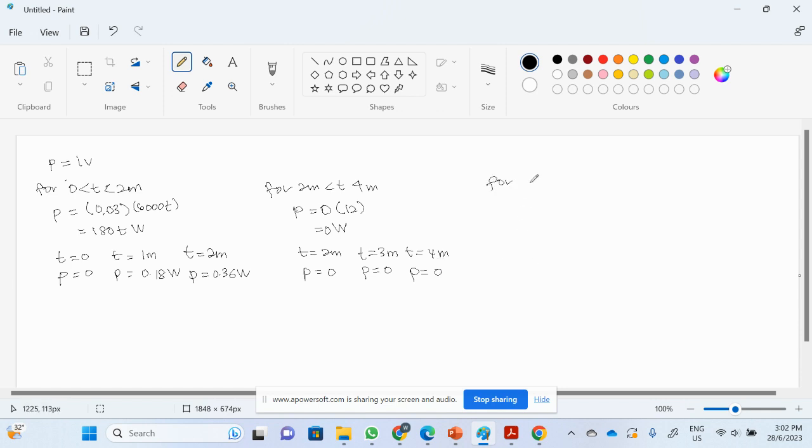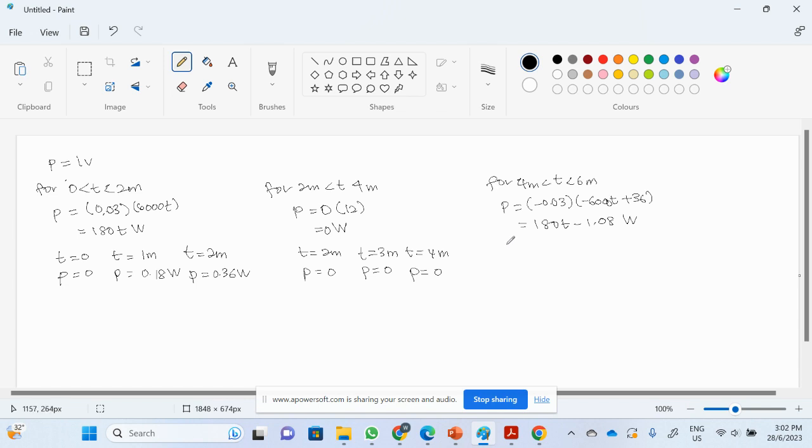And the last one is for 4 milli to 6 milli, P equals negative 0.03. This is I, and the V is negative 6000 T plus 36. So what you can do is expand this. You will get 180 T minus 1.08 watt.